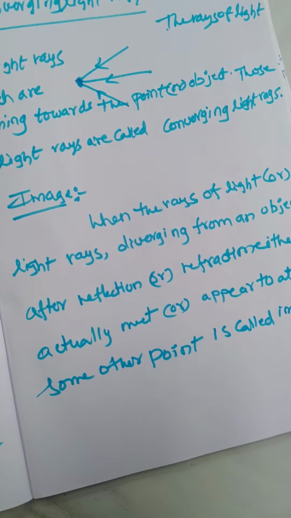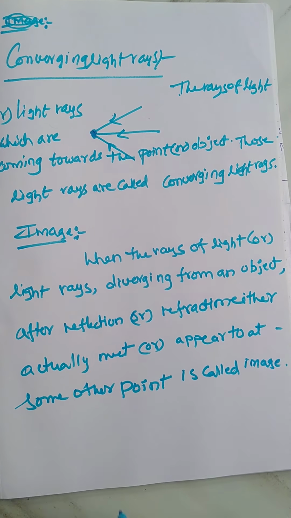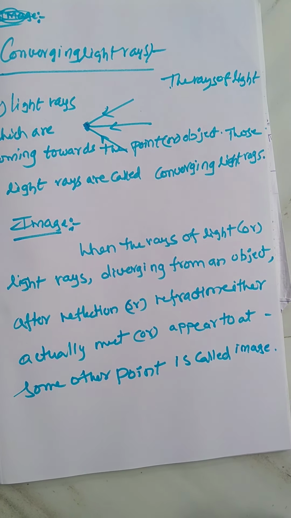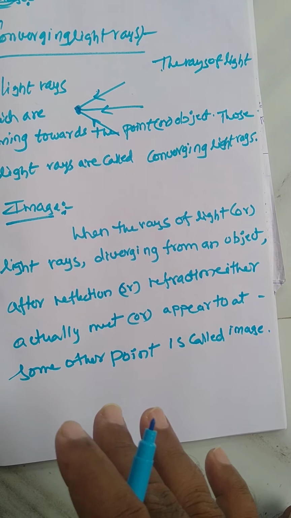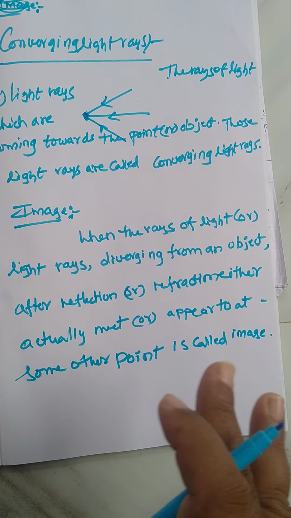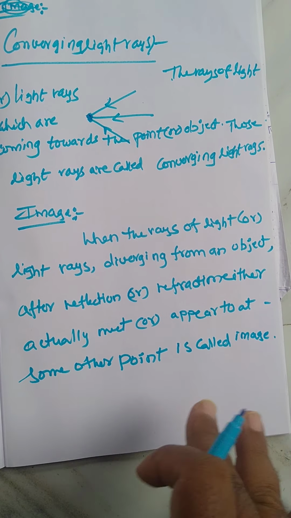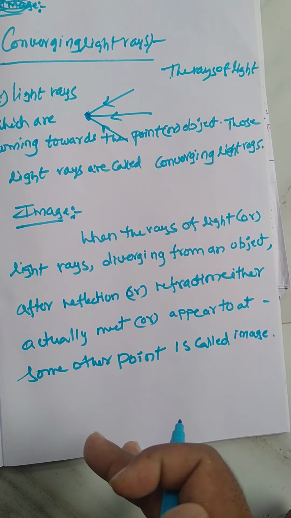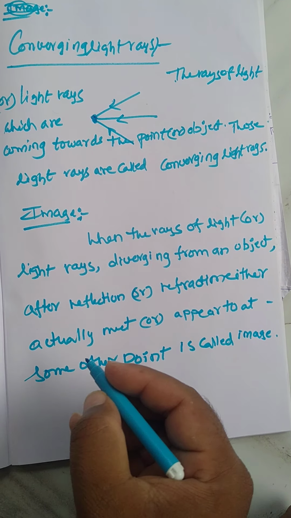Understand my point? You can understand how we define an image like this when we look at image formation due to a plane mirror. So an image is nothing but, when the rays of light diverging from an object, after reflection or refraction, actually meet or appear to meet at some other point, that is called the image.